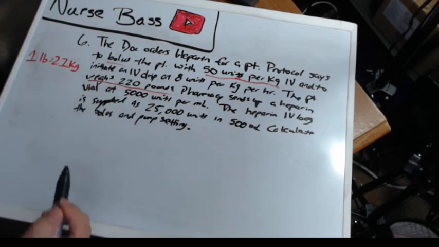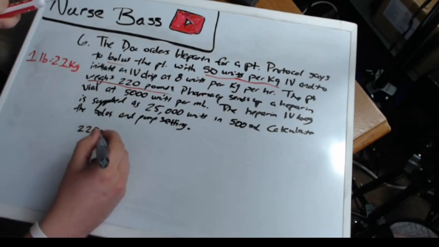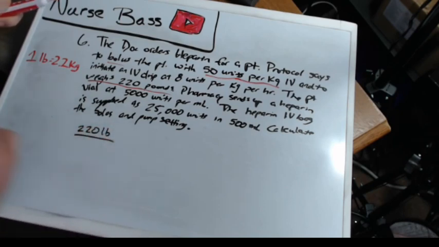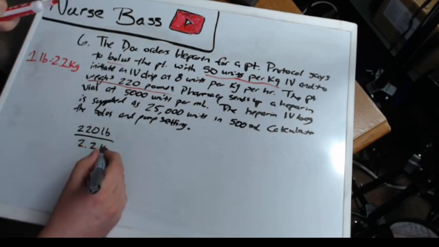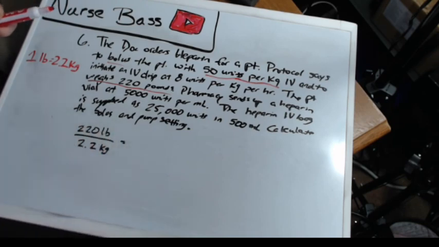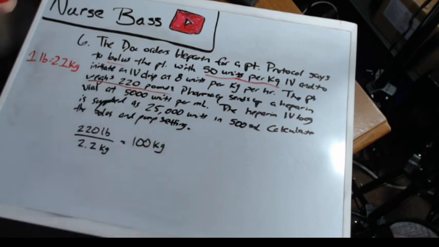So if we need to convert their weight in pounds into kilograms, you divide by 2.2 to get their weight in kilograms. This patient weighs 100 kilograms.